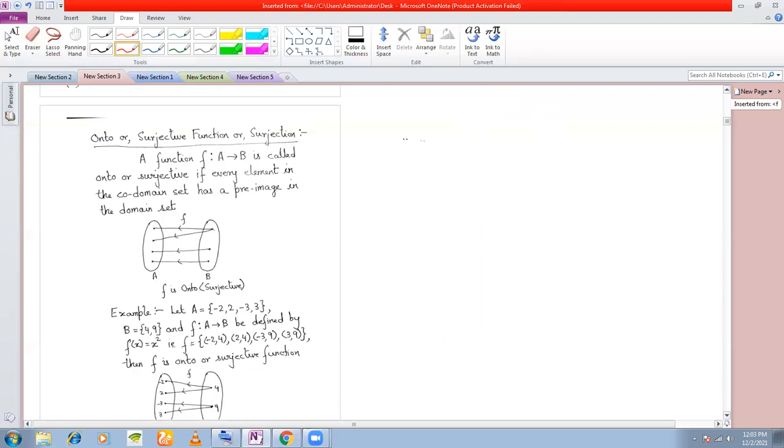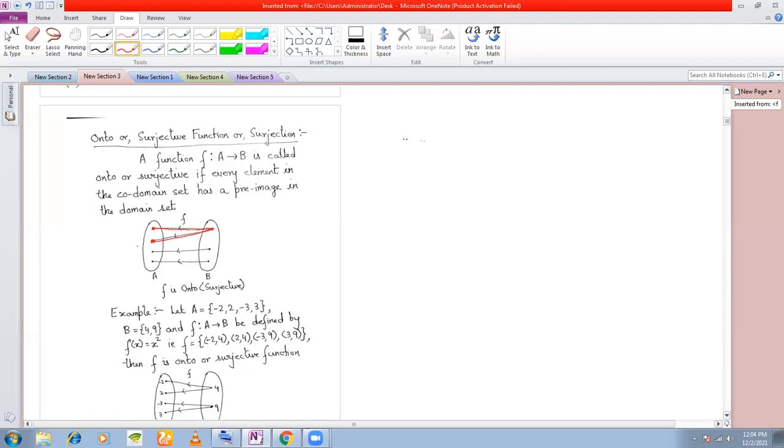So if we see here in the set B, this element has this pre-image and it has this pre-image, right? So pre-images are not distinct. One element in B has two pre-images, so that is okay.